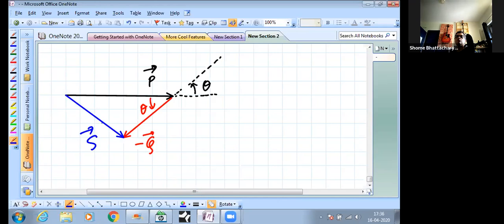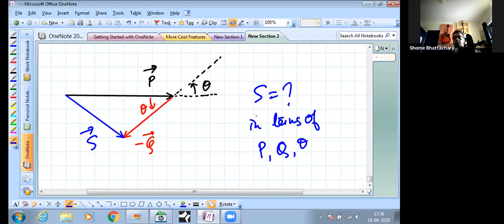Now from this diagram, I have to find the magnitude of s in terms of the magnitude of p, q and theta, the angle between them. Once I do that, I can compare this with the formula which I have written for r already. And by comparing that, I'll be able to prove what they've asked in the question, that r square plus s square should be double of p square plus q square. So hope the diagram is clear up to here.